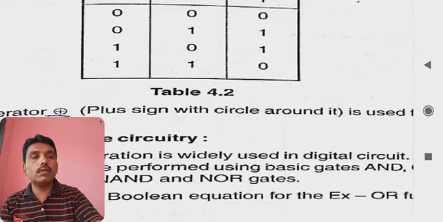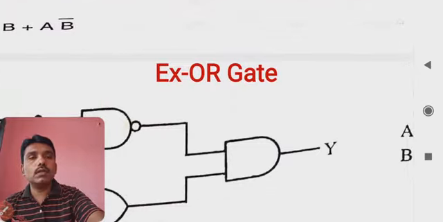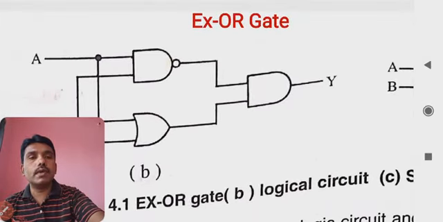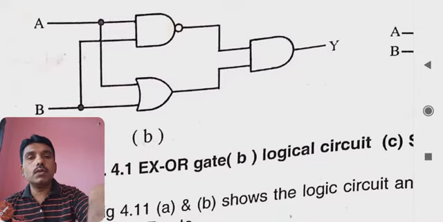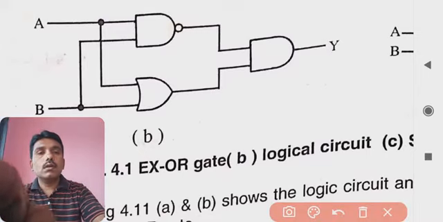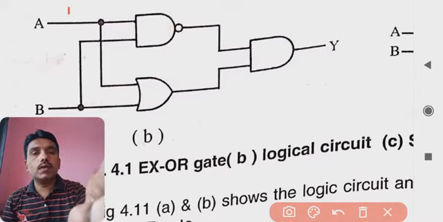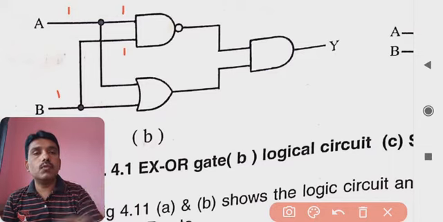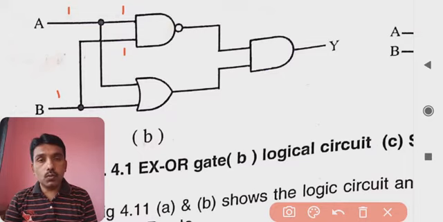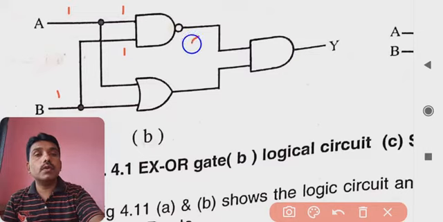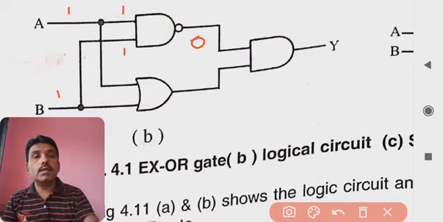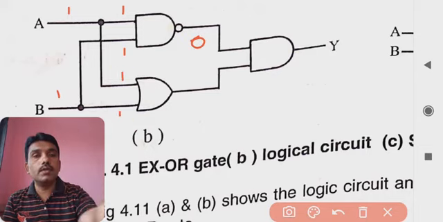Now let's see what happens when the input is 1 1. So let's check it out for the last part, that is 1 1. This NAND gate has the input 1 1, and as we know, when all the inputs are high for the NAND gate, the output is going to be 0. Similarly for the OR gate, the inputs are A is 1 and B is also 1.